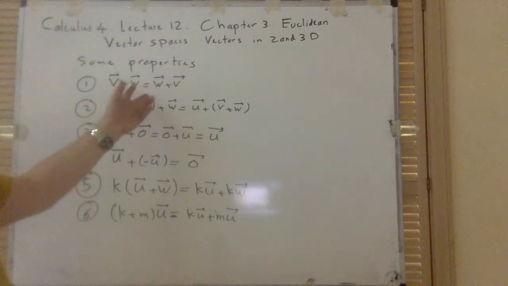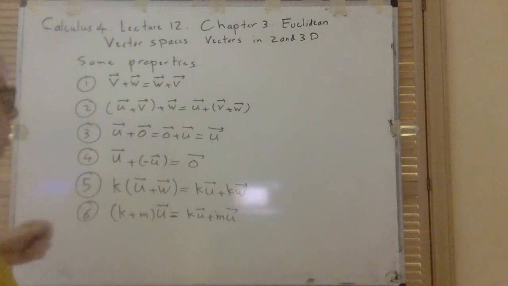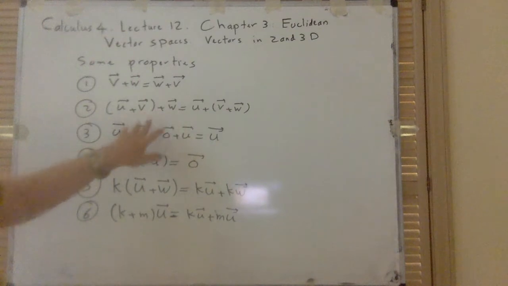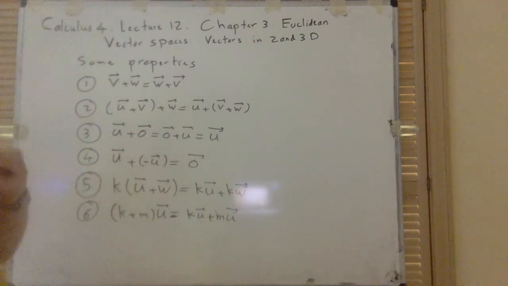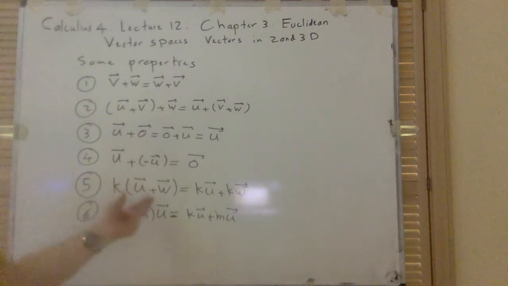Most of them look like properties of numbers. This is the same, and a number plus its negative is 0, and this one is like multiplying a number by two numbers, so it distributes, and the other way around.